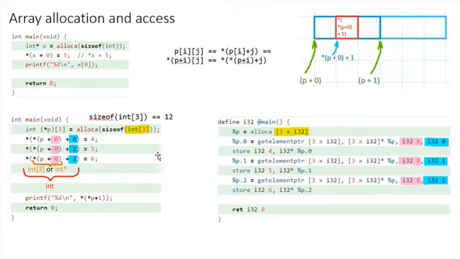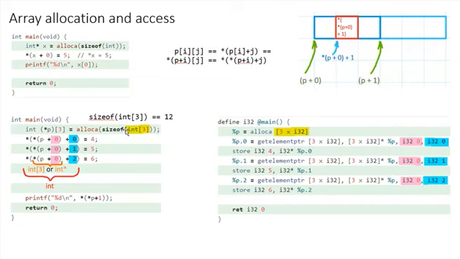So in the C programming language and LLVM IR as well, when you allocate a variable of a type, you get a pointer to that type. So when you allocate an int, you get an int pointer. When you allocate an array of 3 ints, you get a pointer to an array of 3 ints. And the size of int 3 is 12, so we are allocating 12 bytes here.